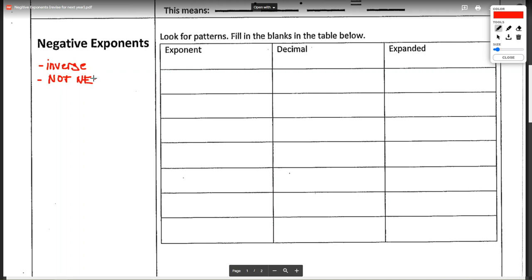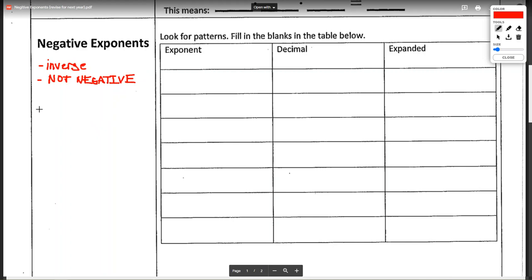So even though you see a negative sign and it's in the name, a negative exponent is actually indicating that we're doing the opposite of something. Because remember, a negative sign really means the opposite of. So we're doing the inverse or opposite of, okay?